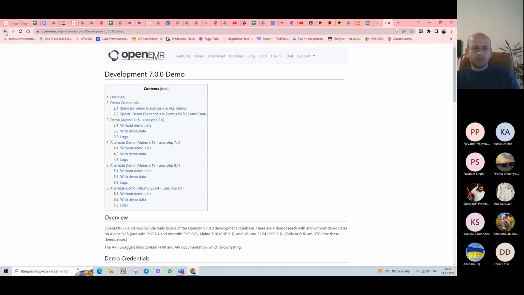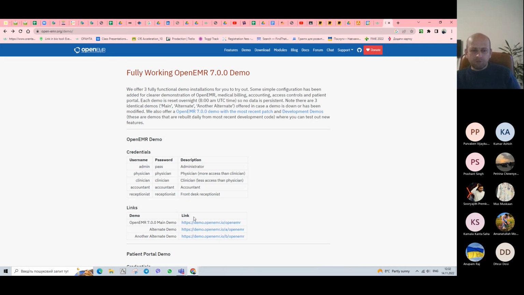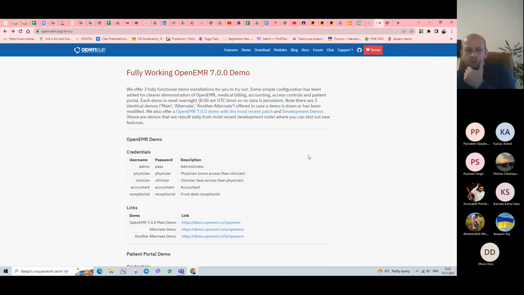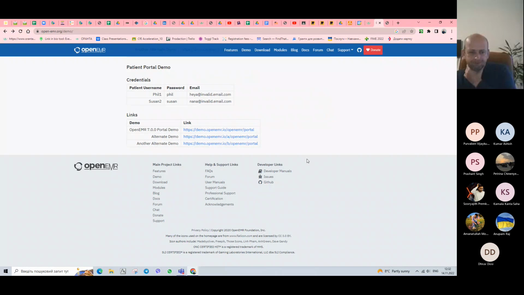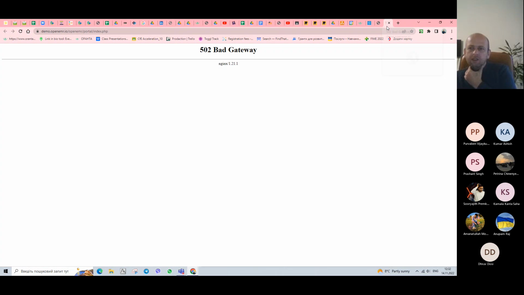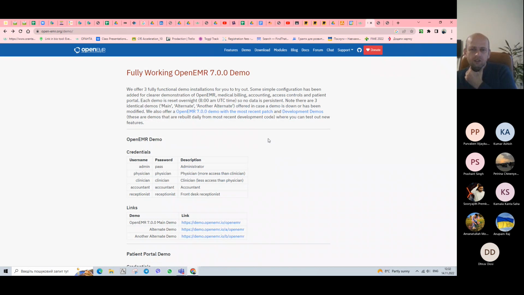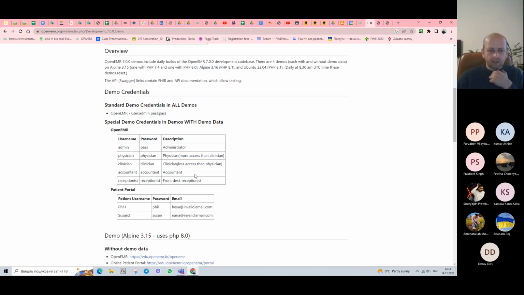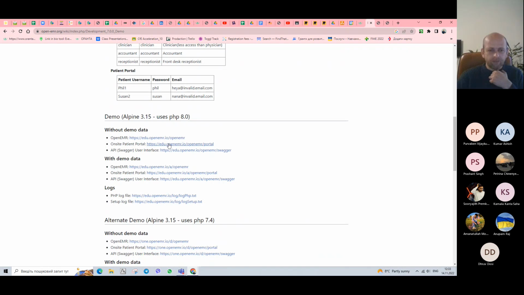You can find the OpenEMR website, and there are different links, maybe working. Not yet. Also here there are explanations about the system, at the top, and some manuals for using it. You can find different versions, and explanations are also present.